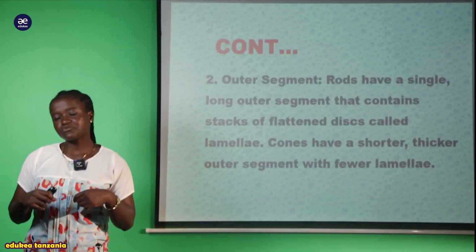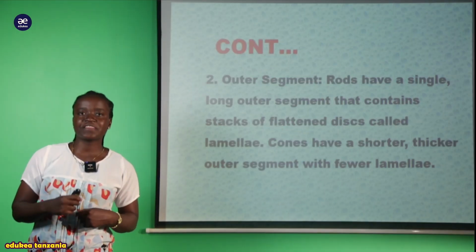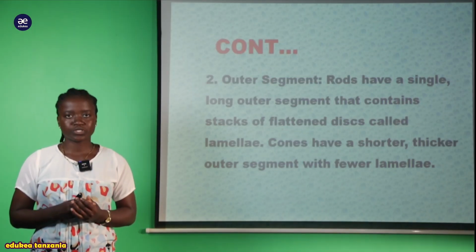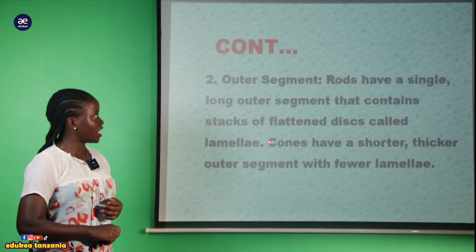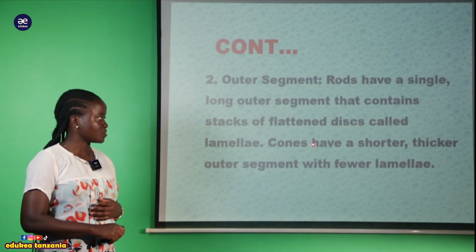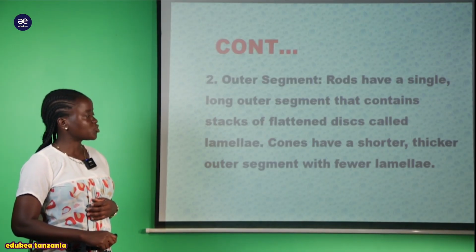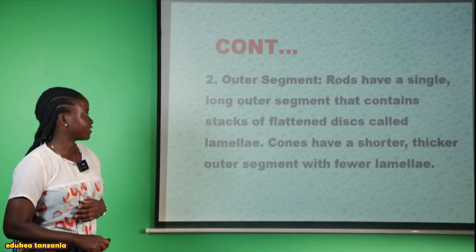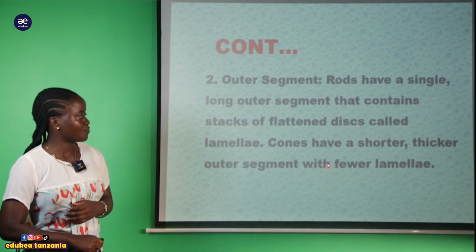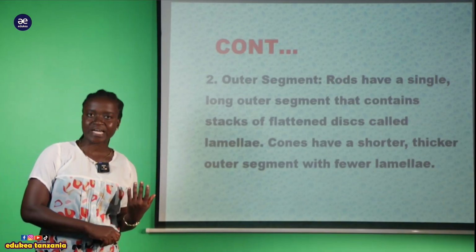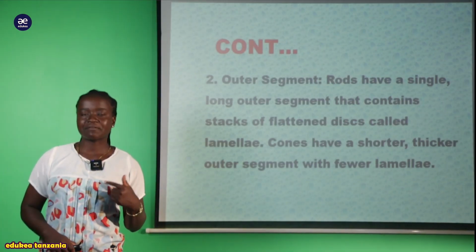So within the structure of the rods is where the lamellae are found. But the outer segment of the cones is very short, but also thicker, with few lamellae. So this one has only a few lamellae.